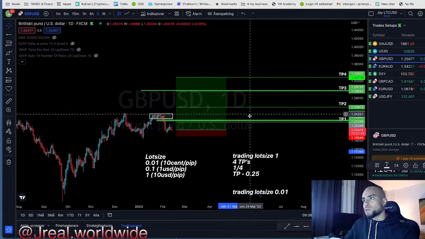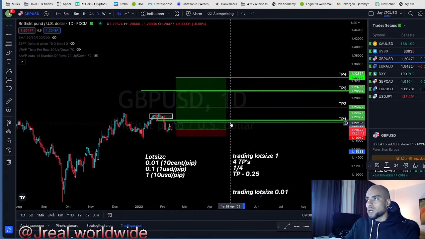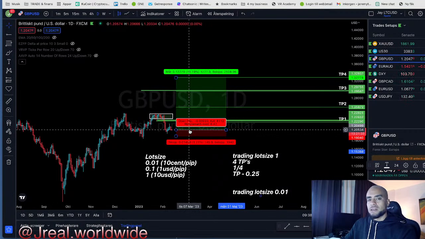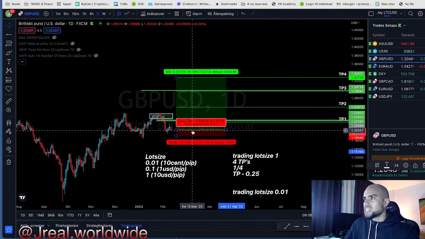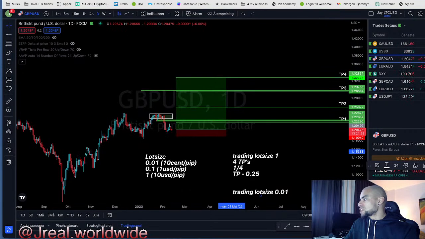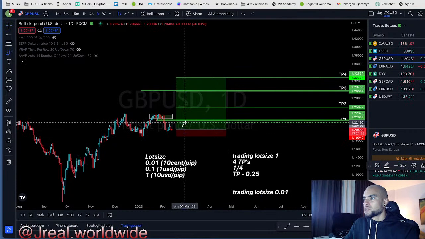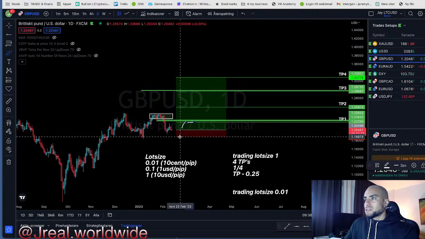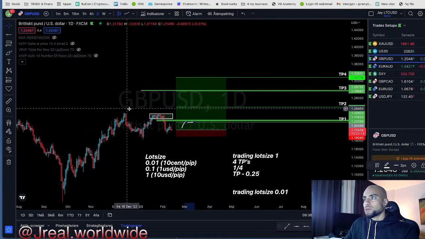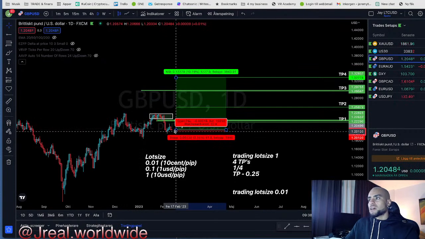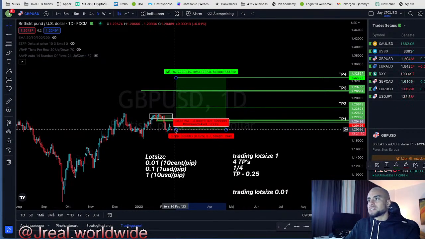Use take profit 1 or take profit 2. If you use take profit 2, as soon as the market passes take profit 1, move your stop loss into break even. What does that mean? When you see the market pass your first take profit, so this first green line, the stop loss that you see in your MetaTrader, you put it to the same numbers as your entry zone.